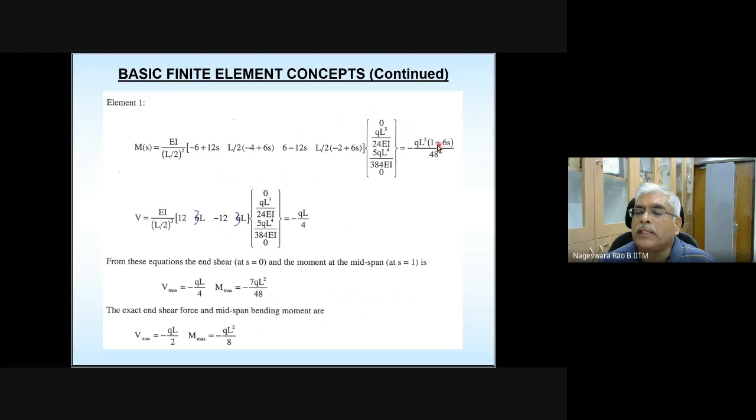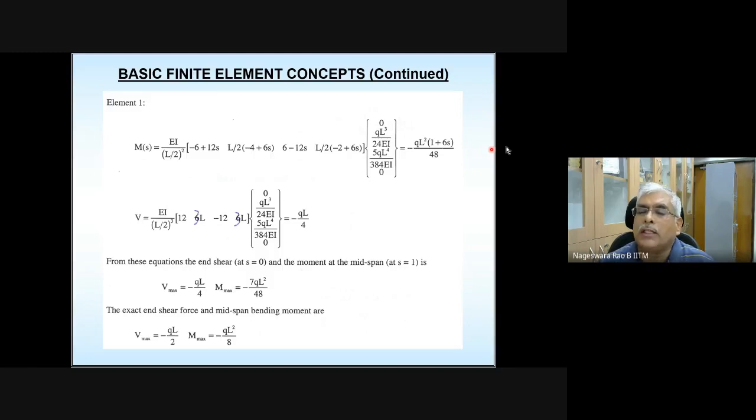So you need to add the fixed end solution to the relation you got, bending moment as a function of x. What I mean by fixed end solution is assuming the ends of the element, whichever element you are looking at, are fixed, and taking the same load on that element. For that load, if both ends are fixed, what is going to be the solution for that problem?